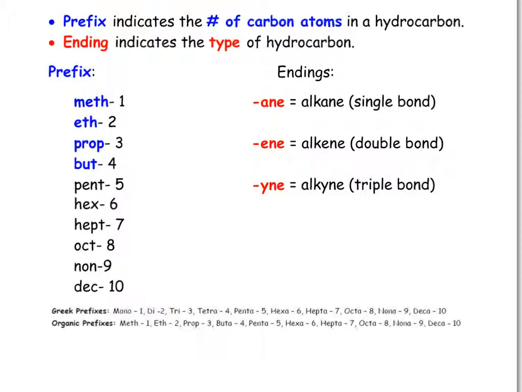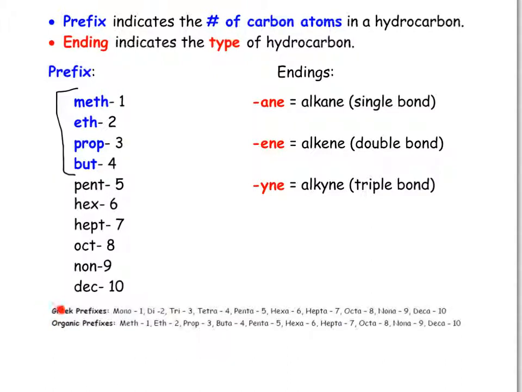So before, when we were learning how to name compounds, we often saw prefixes like mono, and as you can see down here, we had mono, di, tri, tetra, and so on. Well, you'll notice that these first 4 prefixes have now changed. And that's why on the periodic tables that we use in class, you will see that there's the Greek prefixes and there's organic prefixes.